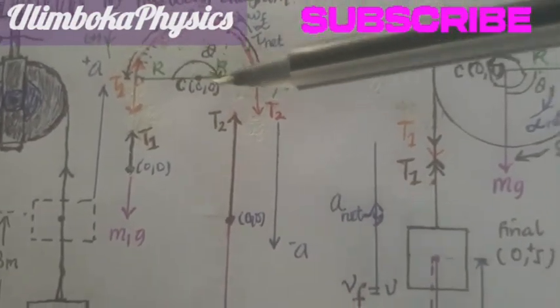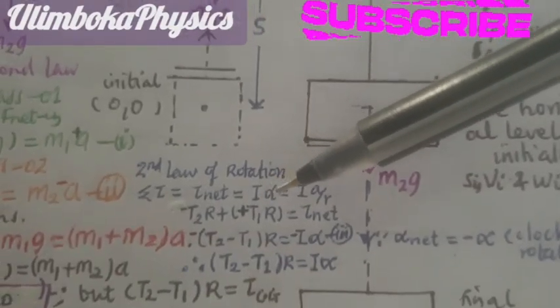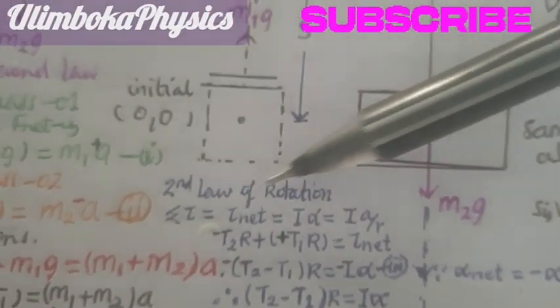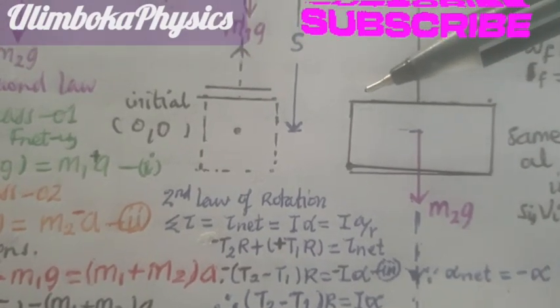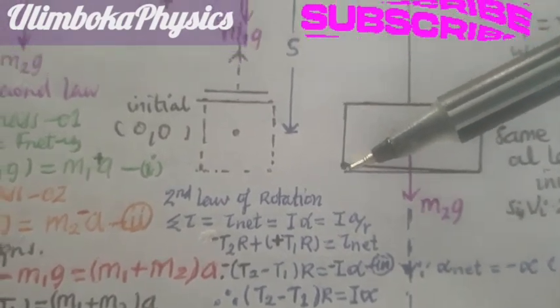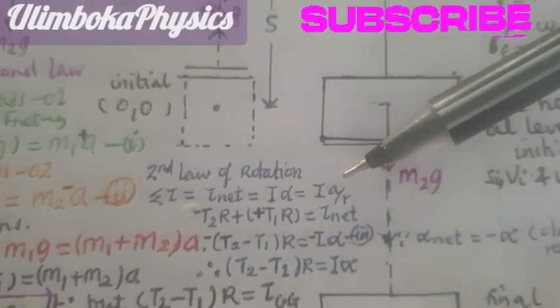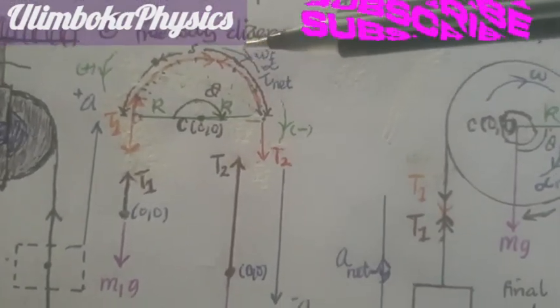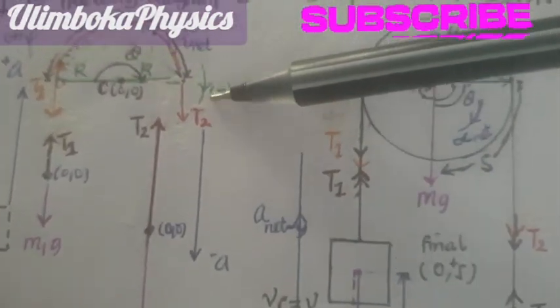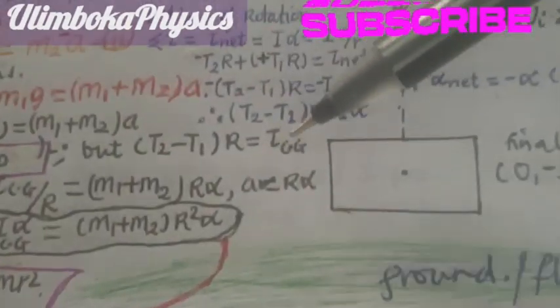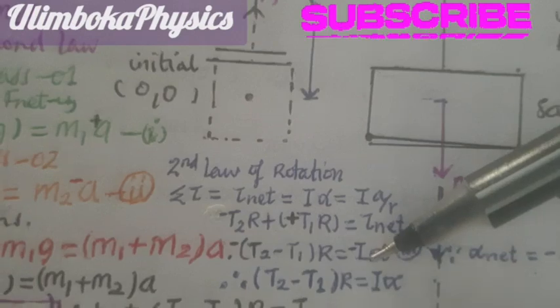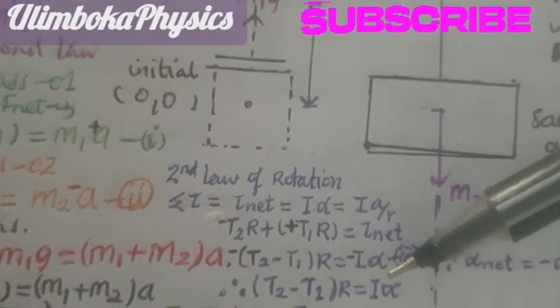Then let us consider the case for torque. We consider Newton's second law of rotational motion. The net torque is equal to the sum of the torques that act on the disk, or the pulley, through the center. For clockwise and anti-clockwise, T1 times R is anti-clockwise, while T2 times R is clockwise. Therefore, our net torque is equal to the moment of inertia through the center times the net angular acceleration.